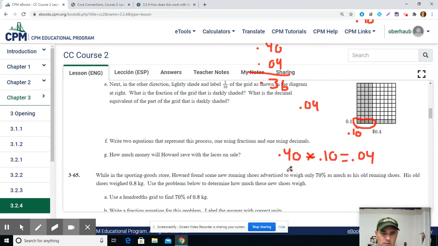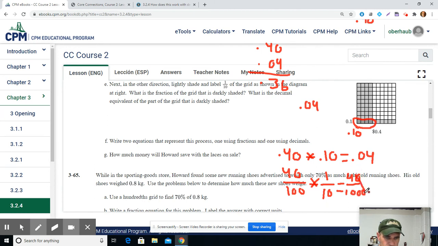Now, if I want to write this as a fraction, so this fraction is 40 over 100. That's how much the laces cost, 40 cents, times 1/10. That's how much they were on sale for, equals, now if we were to do this, this would give us 40 over 1,000, which we can reduce.